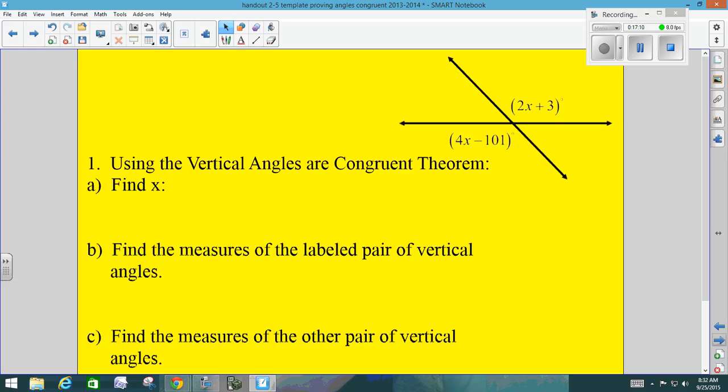Like, would you say they're supplementary, complementary, vertical, adjacent? Vertical, good. What do we know about vertical angles today? They're congruent. Mark them congruent in your picture. Use those curves. If they're supposed to be congruent, what equation can I set up to find x then?